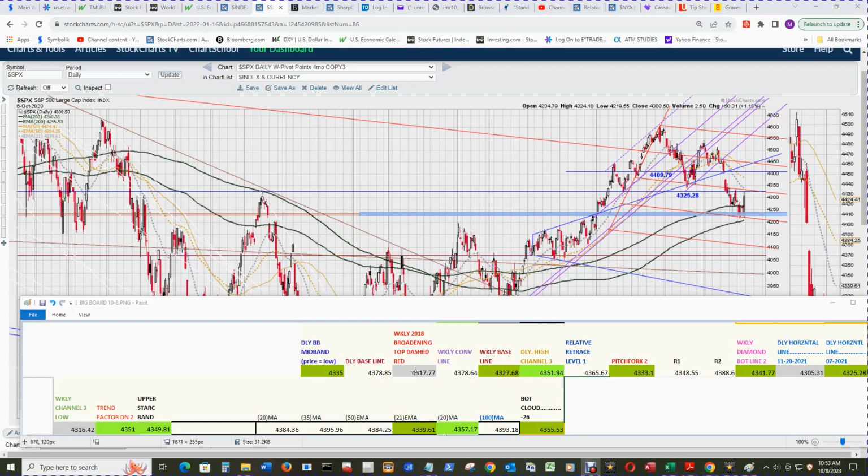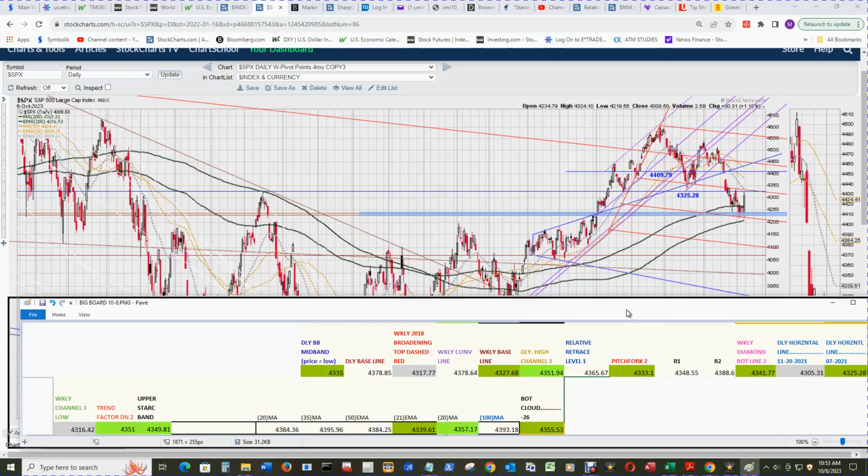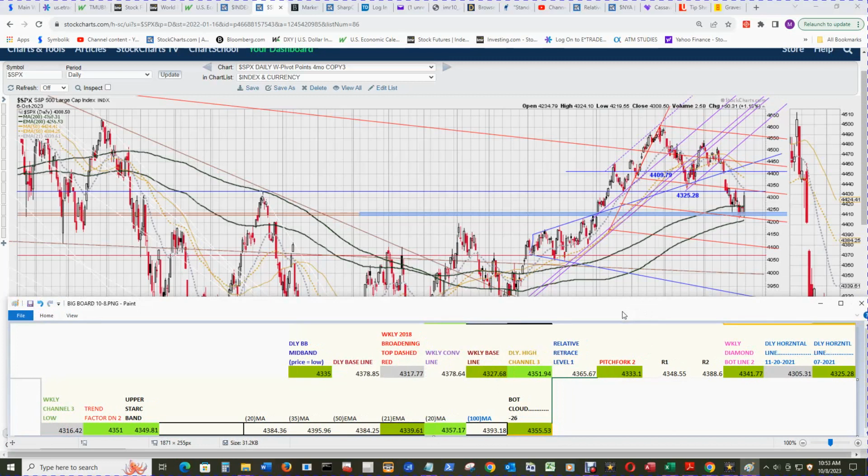Those are the levels to get above, and then get to this 4333.10 level. We need to get above that, and those divergences over in the NYA chart that we just looked at will be repaired or rectified to the upside. We'll have all the arrows pointed up. So this is a critical level.